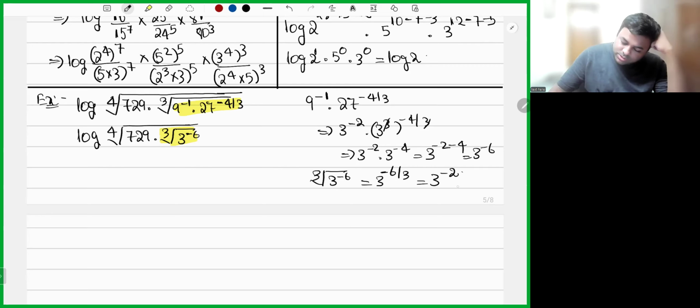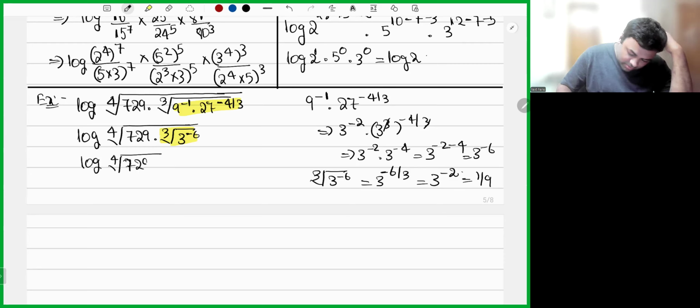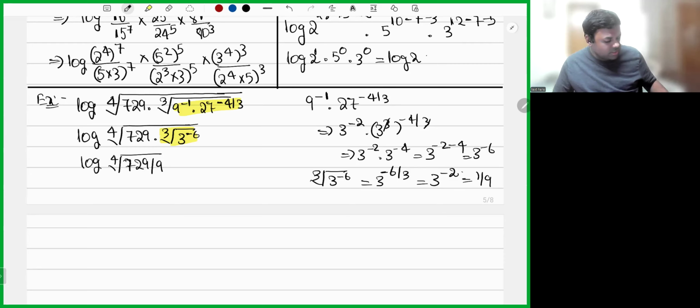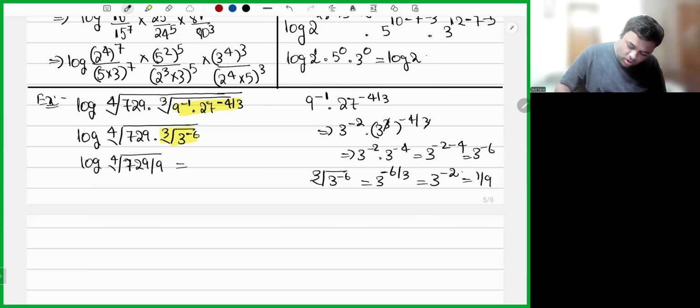What is 3 power minus 2? Obviously, sir, 1 by 9. So log base 4 of root 729 divided by 9. What is 729 by 9? Log base 4 of root 81.